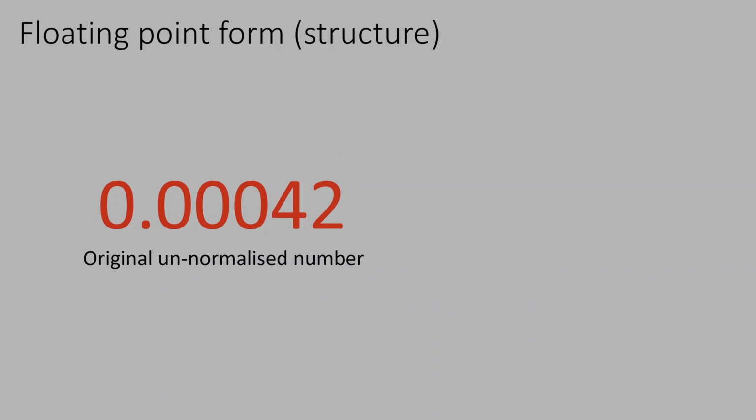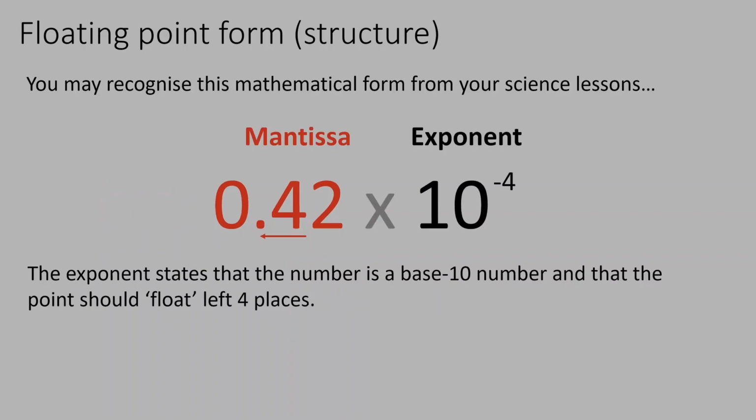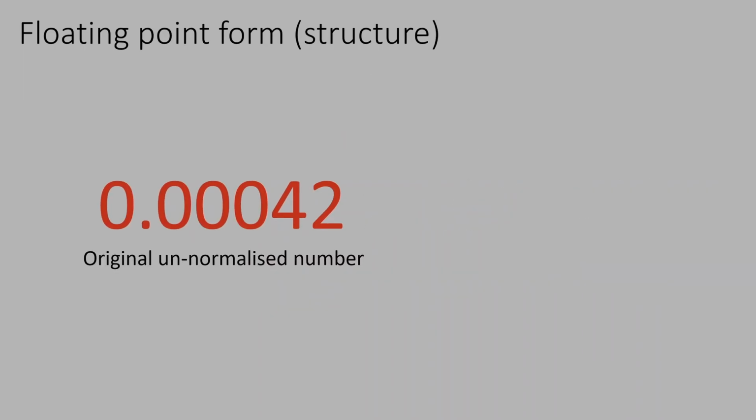That is the original unnormalized number. So if we go back, this is the normalized number with the exponent telling us what to do to get back to the original. We go 1, 2, 3, 4 places, and there is the unpackaged or unnormalized number.